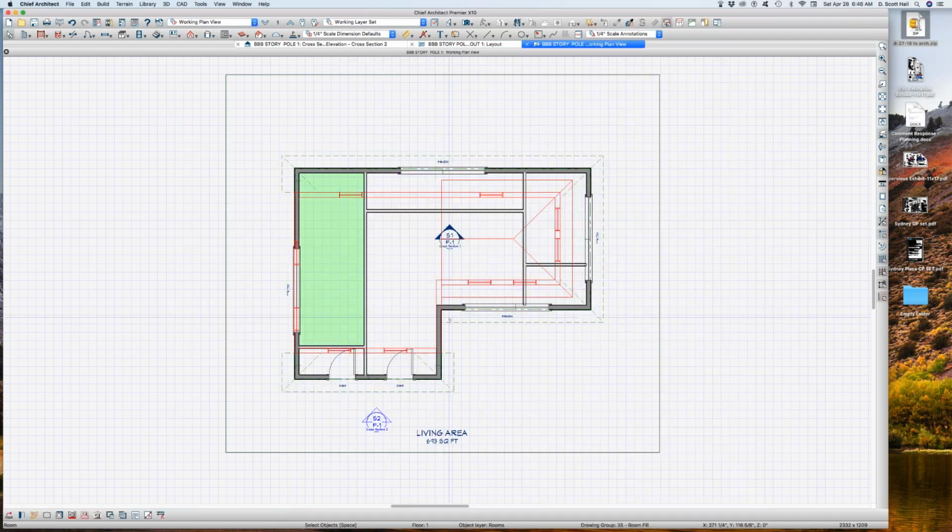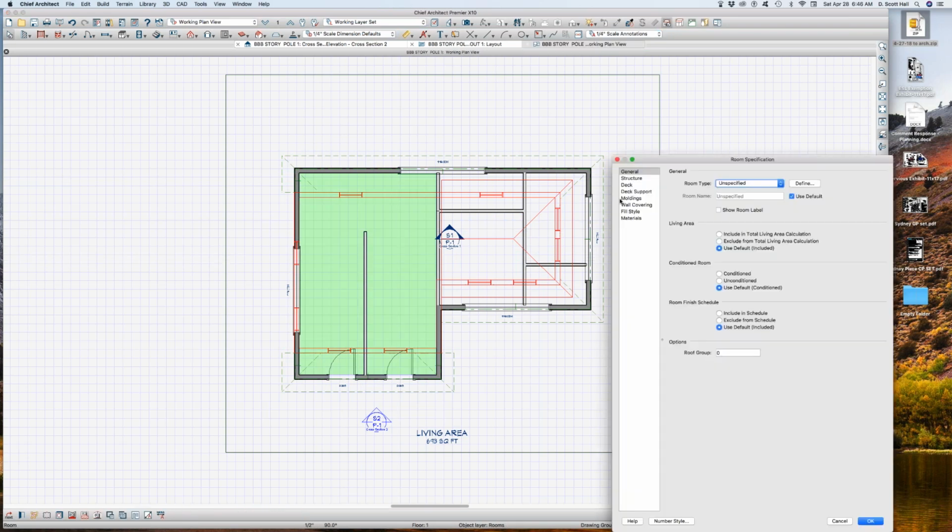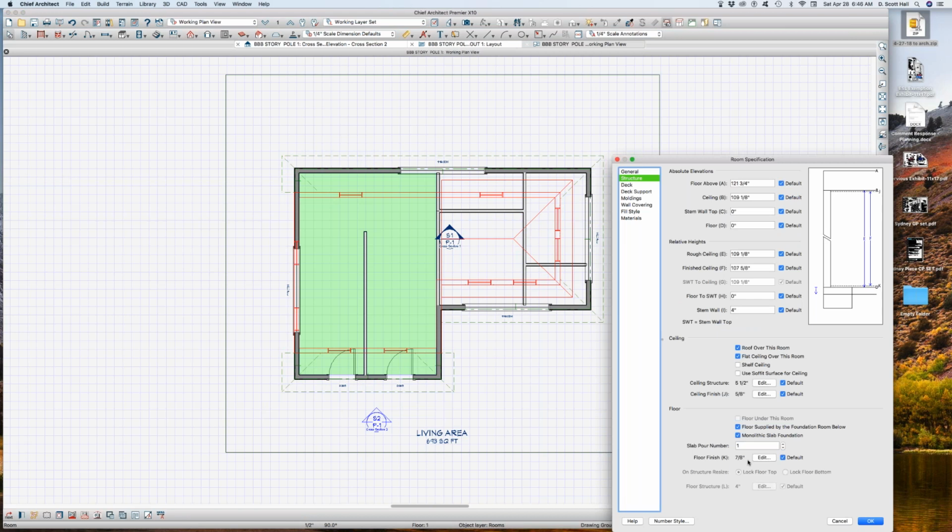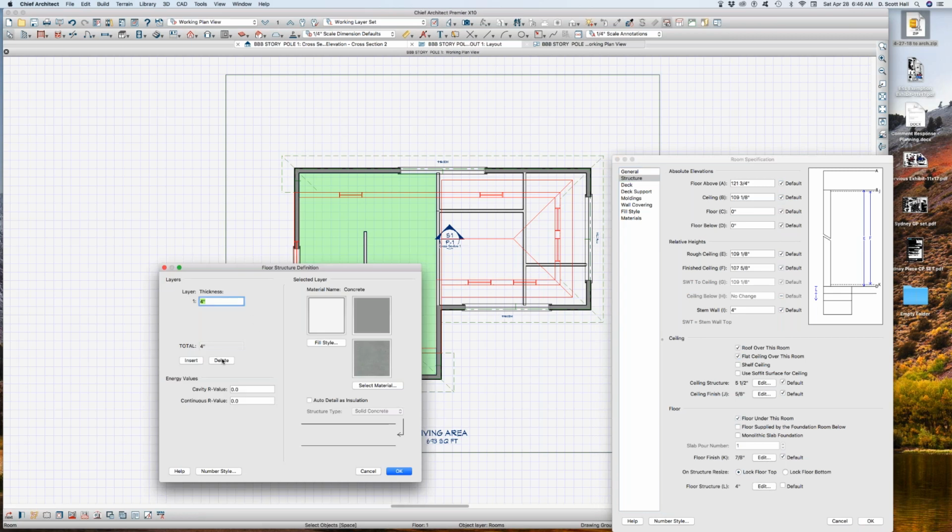By the way, I want this to have a wood floor. Structure. Edit. Oh, sorry. Insert.